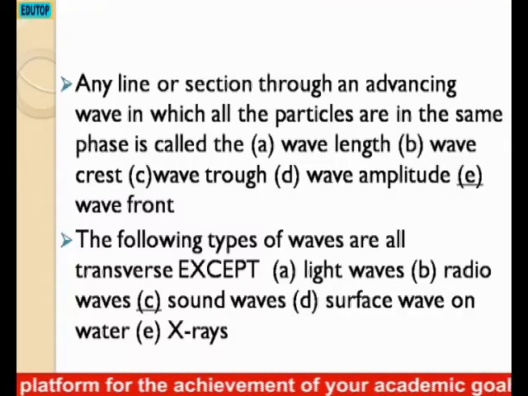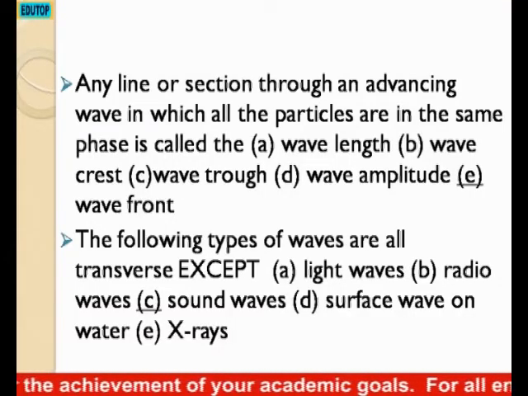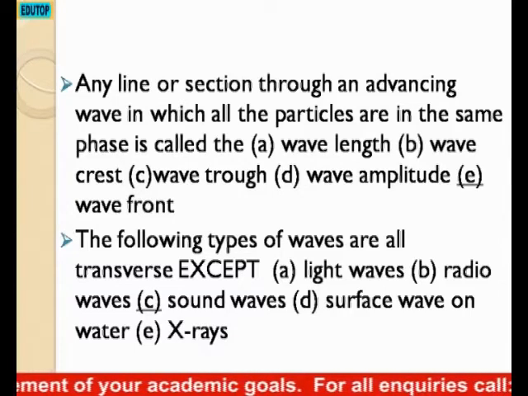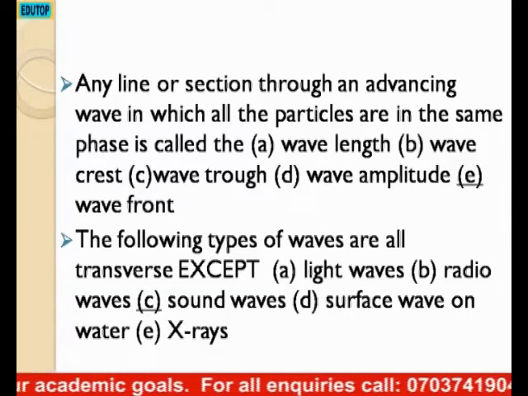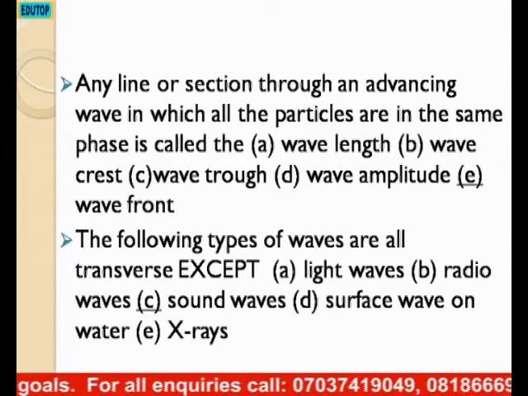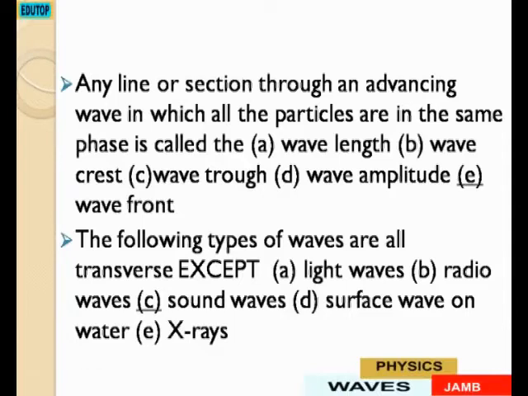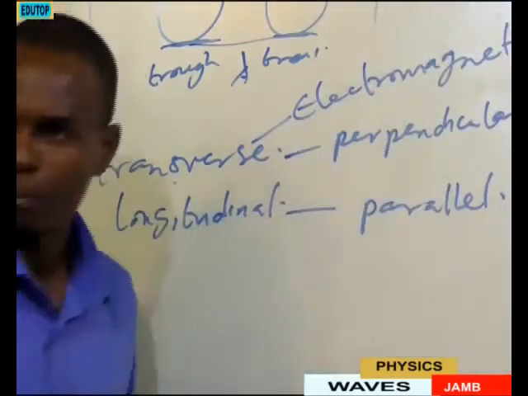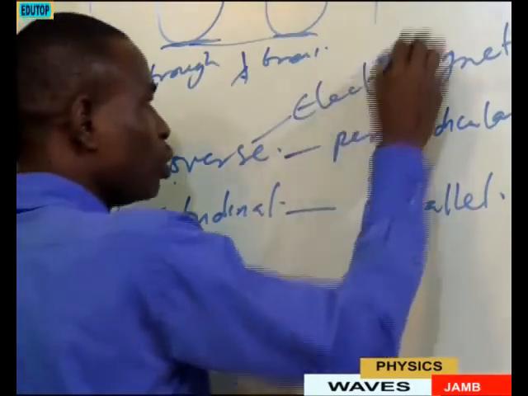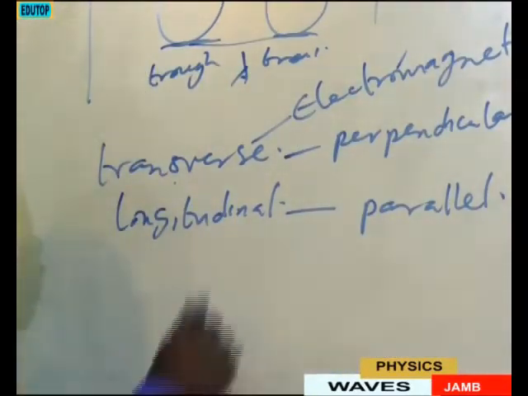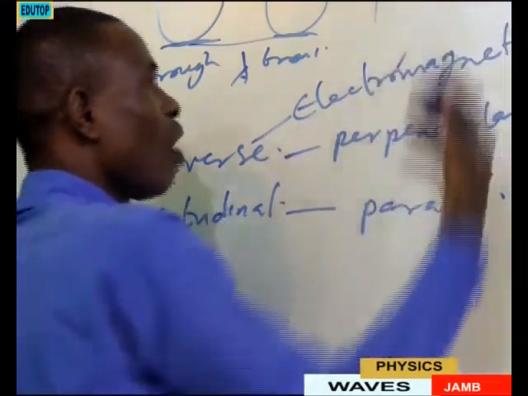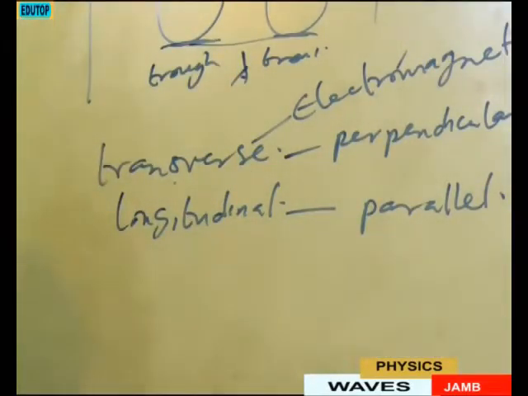The question says, the following types of waves are all transverse except. Radio wave is a transverse wave. The surface wave on water, light wave and X-ray are all transverse waves, and they are all examples of electromagnetic waves. Electromagnetic waves do not require a material medium for their propagation.